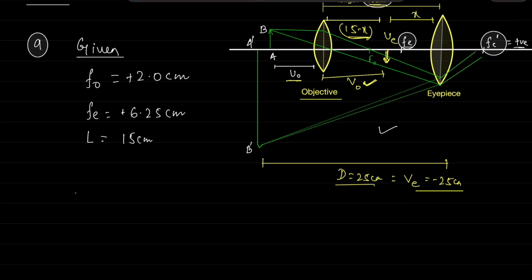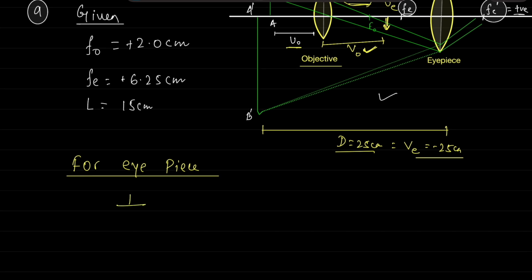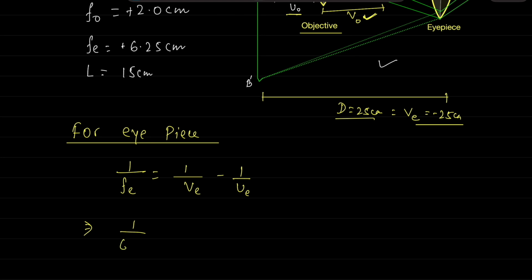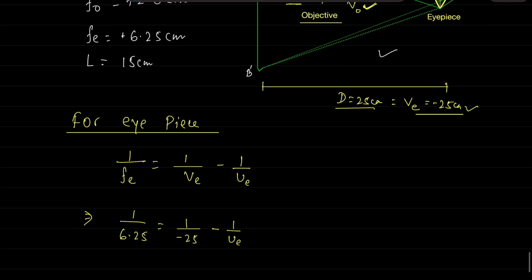So with respect to the eyepiece, we can say that the lens formula is 1 by Fe is equal to 1 by VE minus 1 by UE. 1 by 6.25 is equal to 1 by minus 25 minus 1 by UE.